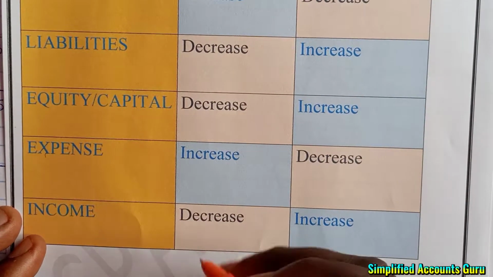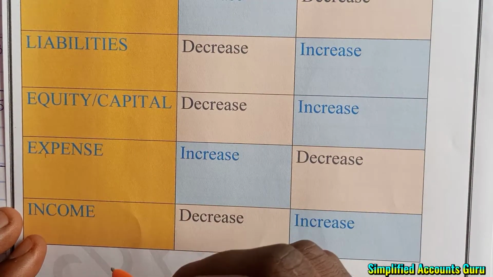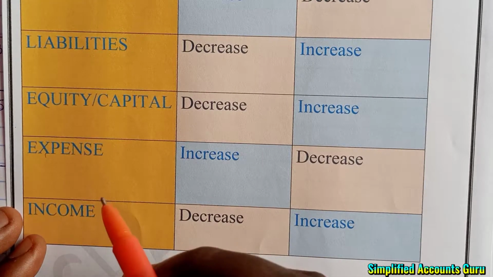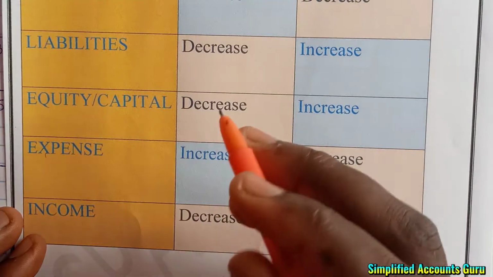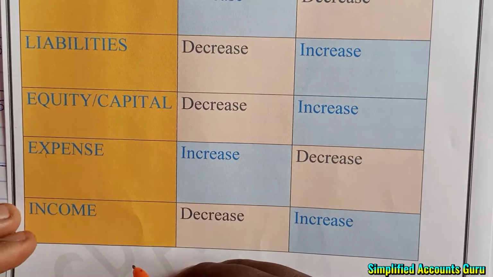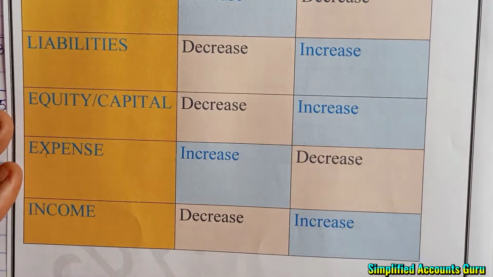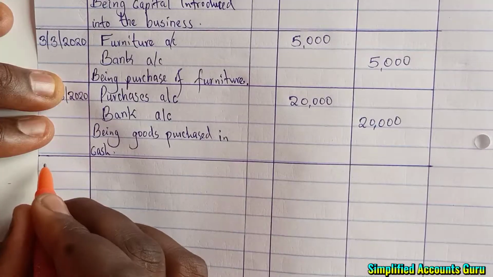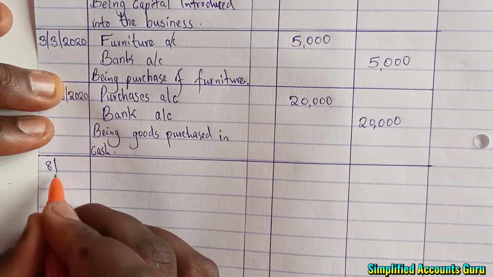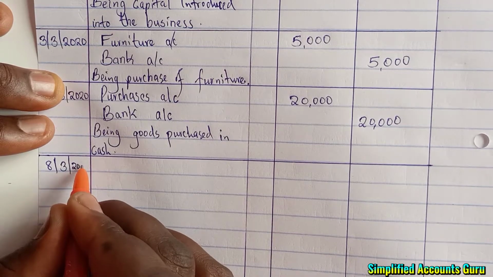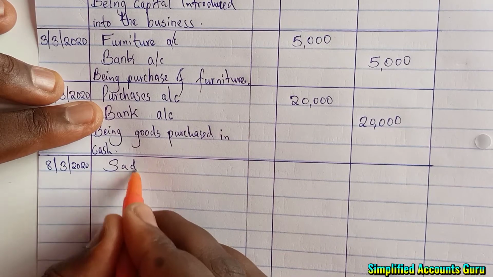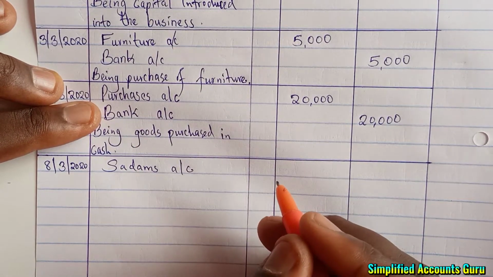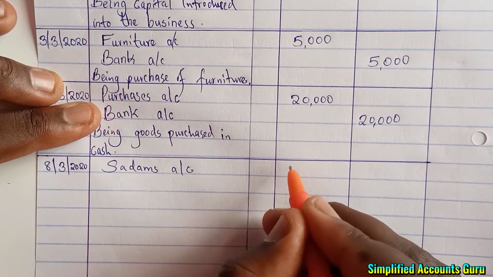As I had mentioned, once you've been able to identify one account to be treated by debiting or by crediting, then the other corresponding account takes the remaining option. So in this case, the asset we have said we are going to debit. Let's record here on 8th March 2020. Then we have Saddam's account. The amount that is captured there is $15,000.